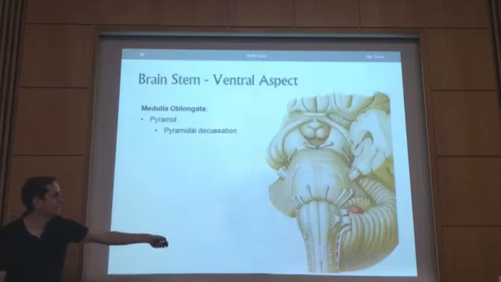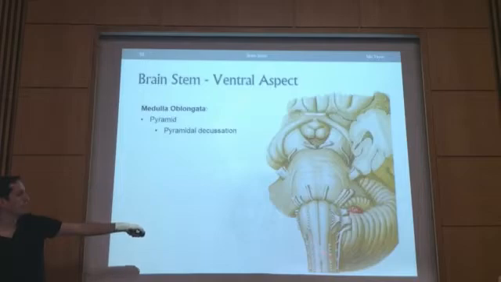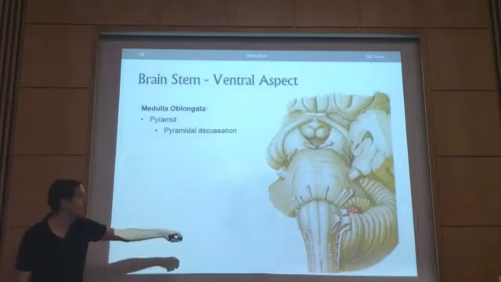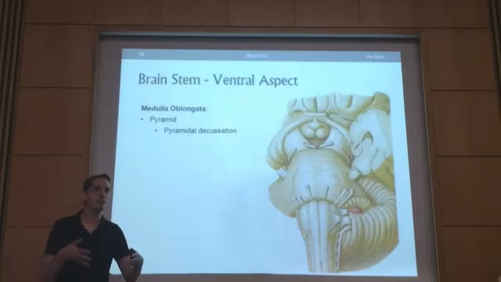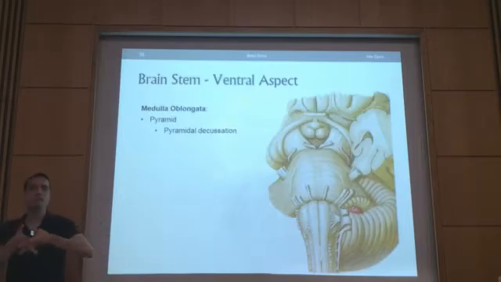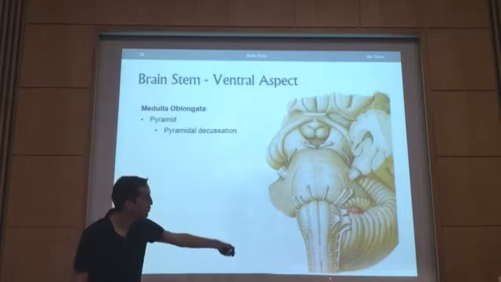This is what happens at this point, where the border is not that clear. This is called the pyramidal decussation, the place where the pyramidal tract makes an X-shaped move to the other side.